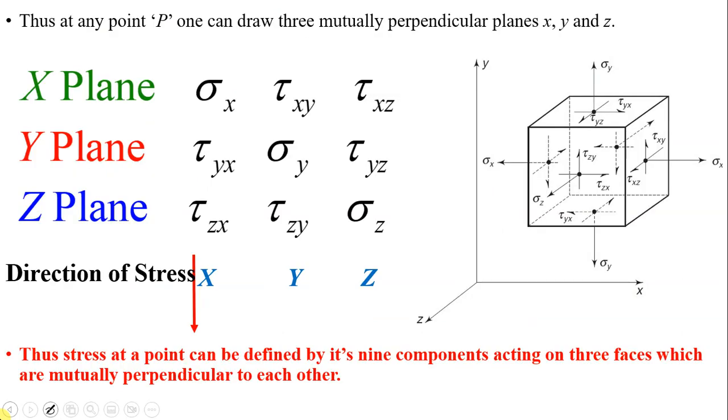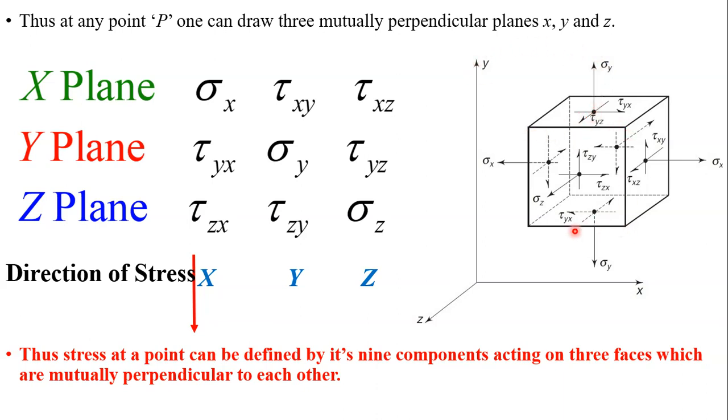Thus, at any point P, one can draw three mutually perpendicular planes x, y and z, right? So let us consider this figure again to the right of the board. We are having now three planes. This is x plane, because if you draw normal to this plane, it will be parallel to x axis. This is y plane, because if you draw normal to this plane, it will be parallel to y axis.